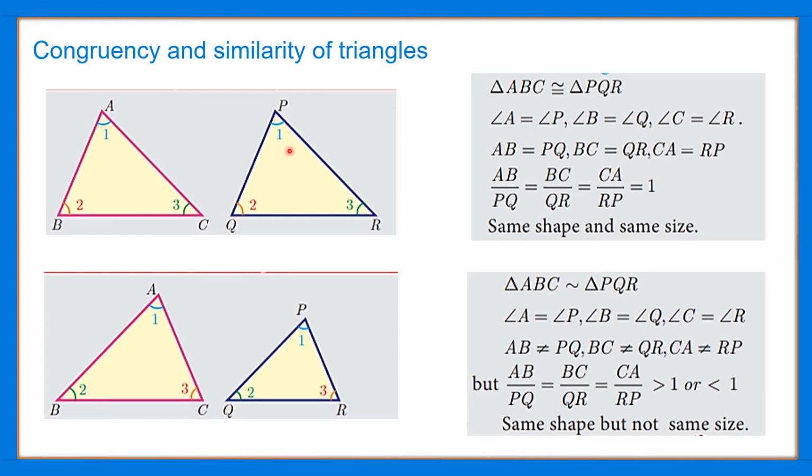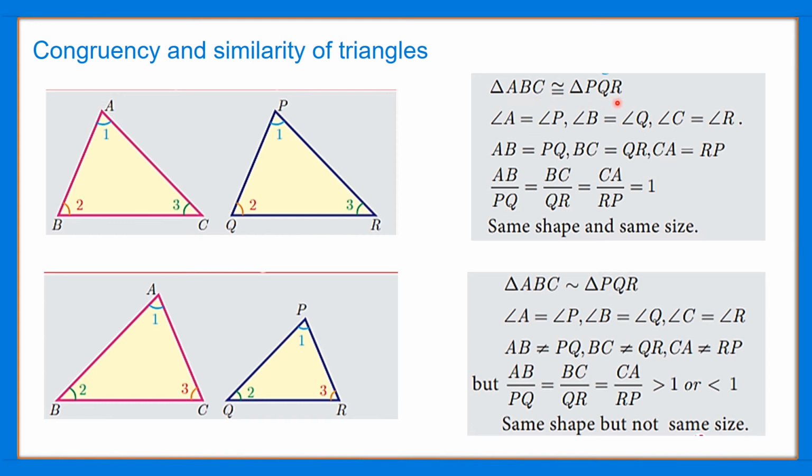So if you get triangles in which both the angles and their sizes are the same, then we say that both the triangles are congruent and their symbol is this. That is, we denote that triangle ABC is congruent to triangle PQR.